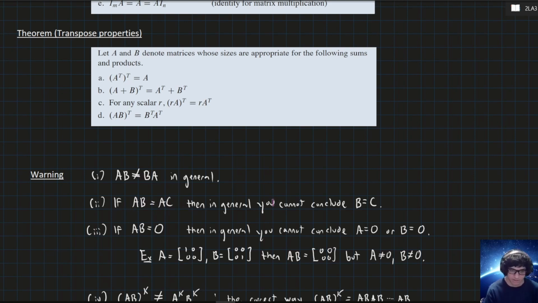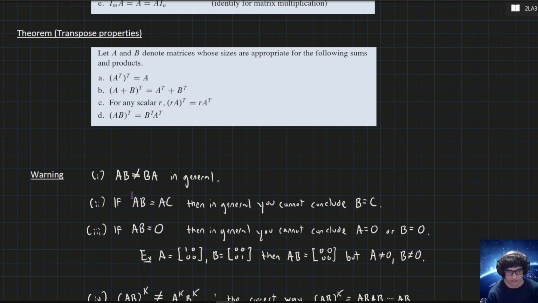The exception is if A is an invertible matrix. Then you can multiply this equation on the left on both sides by A inverse.